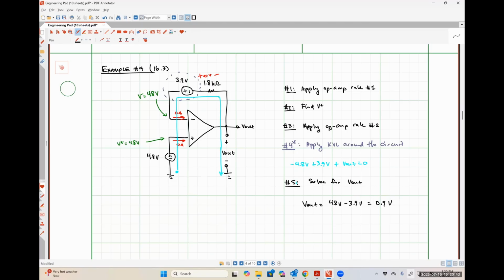I want to say homework 16 problem 5 is very similar. Yeah, it's almost the exact same circuit. It's just drawn differently and there's no resistor there.